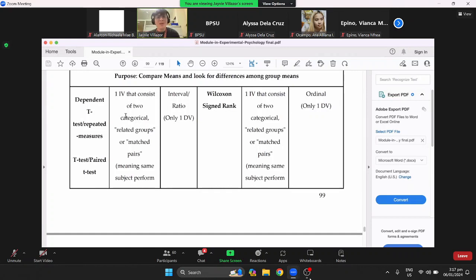Kunwari, ang mga participants lang natin ay mga BSP2A. The first thing is na uminom sila ng drinks from Starbucks. And then right after 10 minutes, uminom naman sila ng drinks doon sa binili. And then we're going to compare.